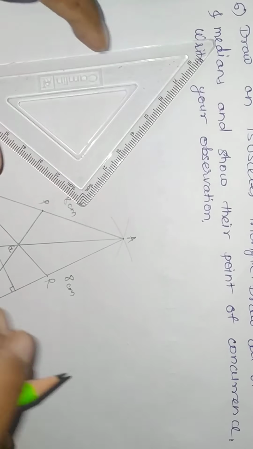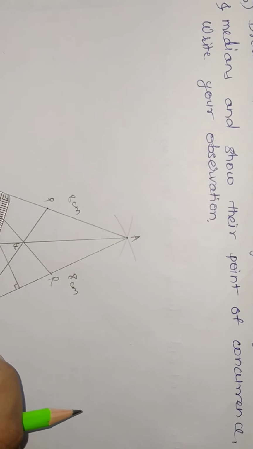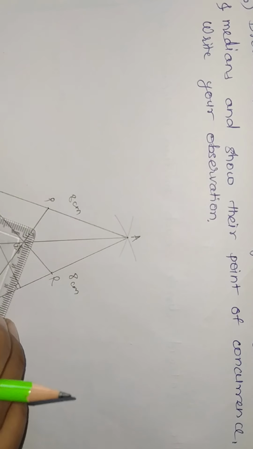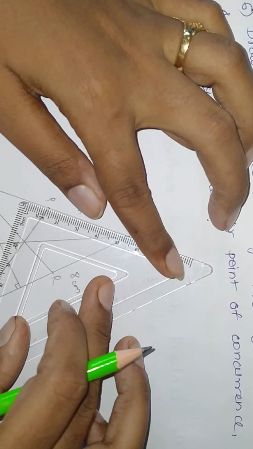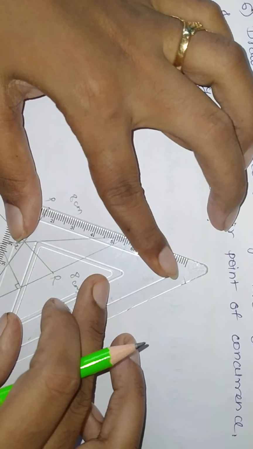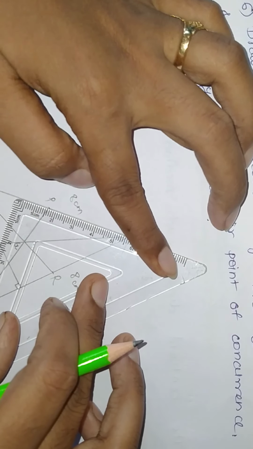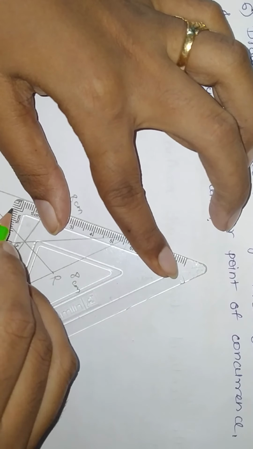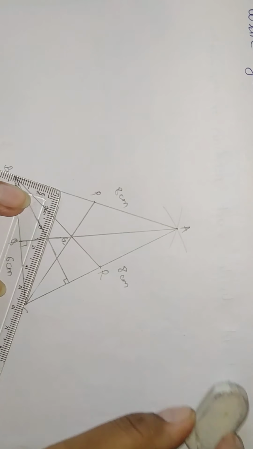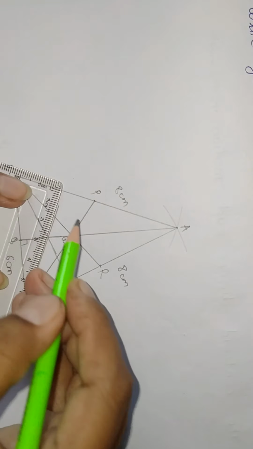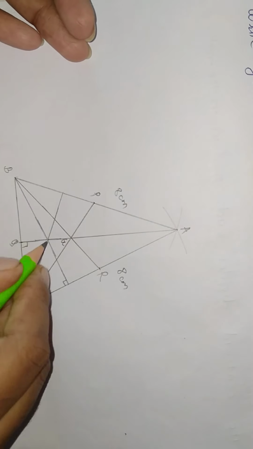This is altitude. Then for AB, see, this is the point of concurrence for altitude.